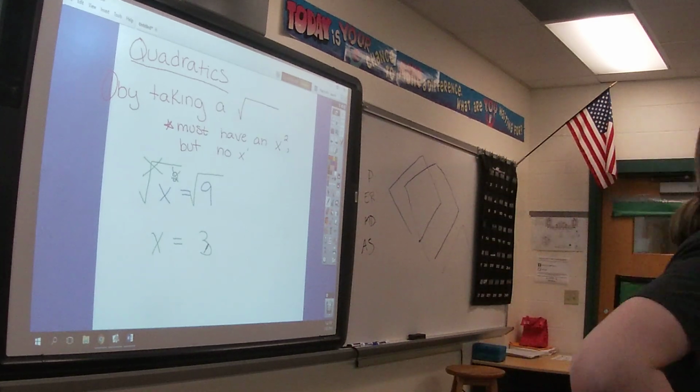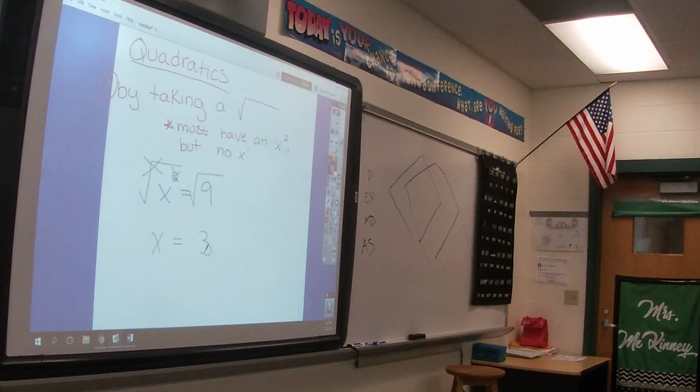What is 3 times 3? 9. Positive 9. What is negative 3 times negative 3? 9. Positive 9, right? So 3 squared is 9, and negative 3 squared is 9. But what's the square root of 9? Just positive 3. We're leaving out that other option there. Okay, that's just a definition thing. Not exactly sure why in those situations.